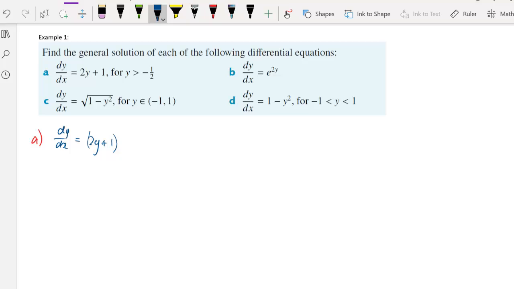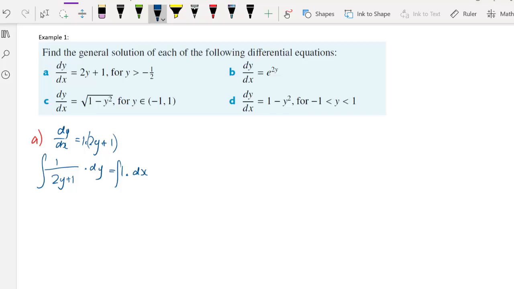So we're looking at it as 1 multiplied by this function. When we separate the differential, we want to bring this 2y plus 1 across, but we also want to bring the dx across. So we've got 1 on 2y plus 1, dy, and that will be an integral. And on the other side, we'll have our 1 dx, and that will be an integral.